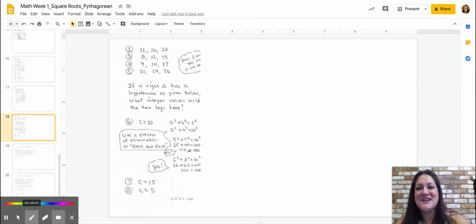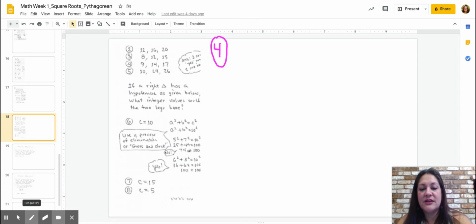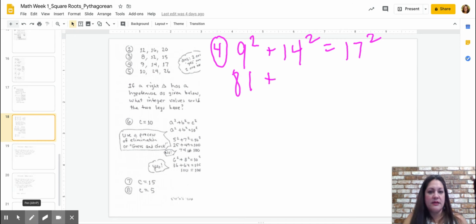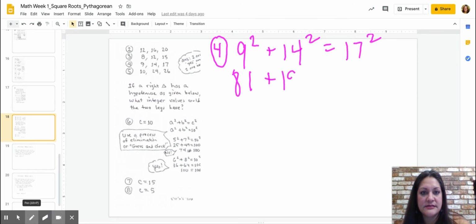All right, number 4. A squared plus b squared equals c squared. Our contestants today are 9 squared plus 14 squared equals 17 squared. I know 9 squared is 81. 14 squared is 196.